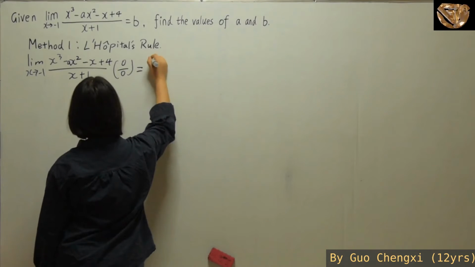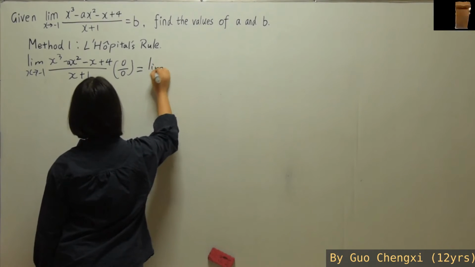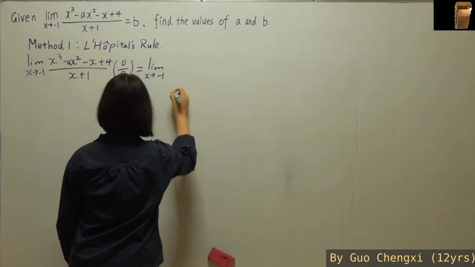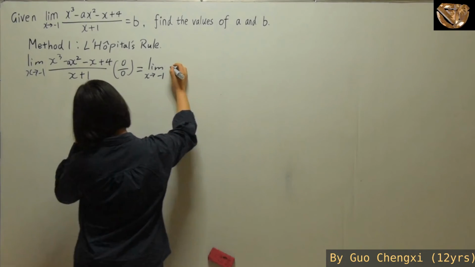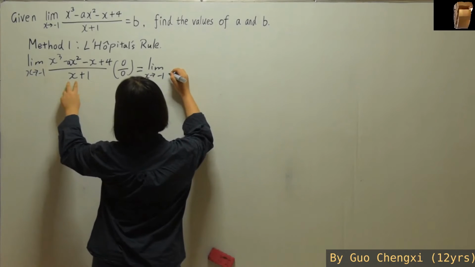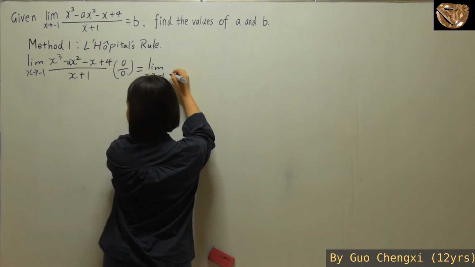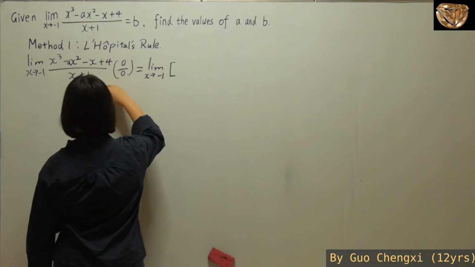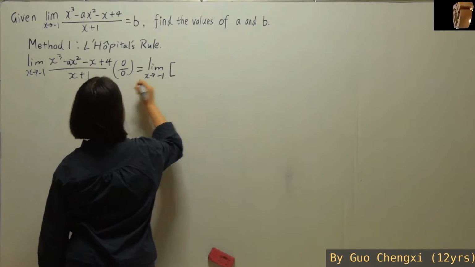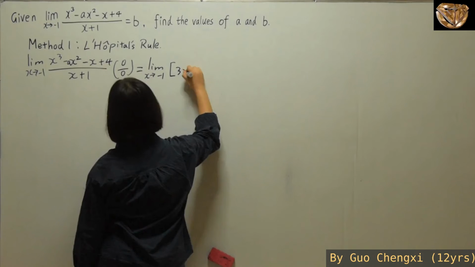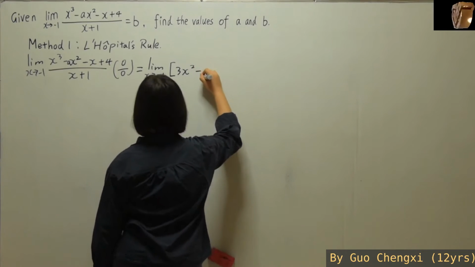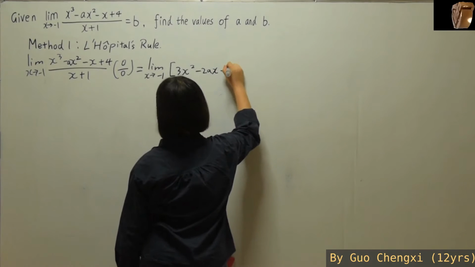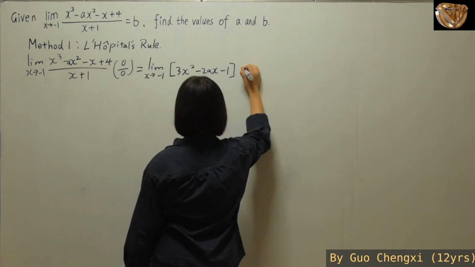We use L'Hopital's rule. The denominator becomes 1, so you can just ignore it because over 1 is the same thing as itself. Now what we have here is 3x squared minus 2ax minus 1, while the 4 just becomes 0.